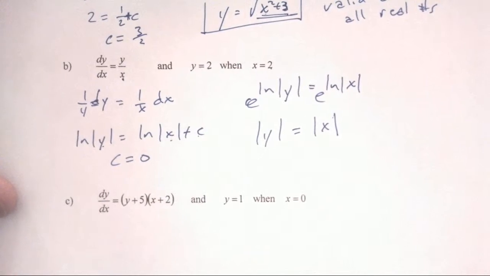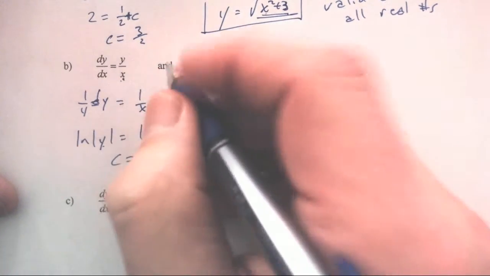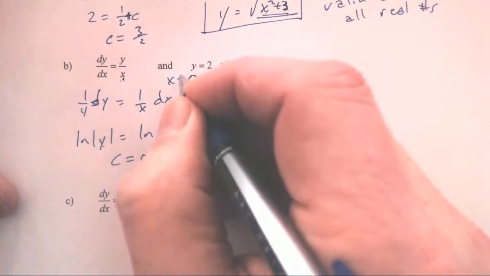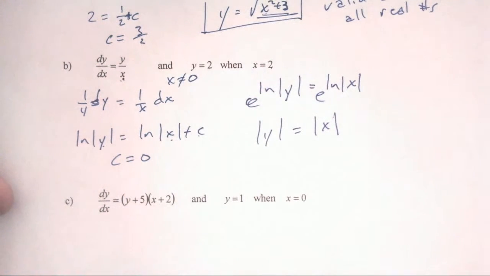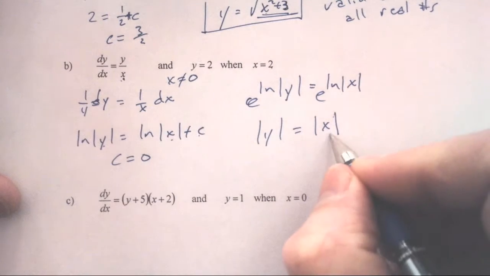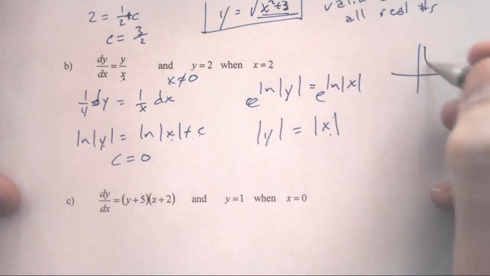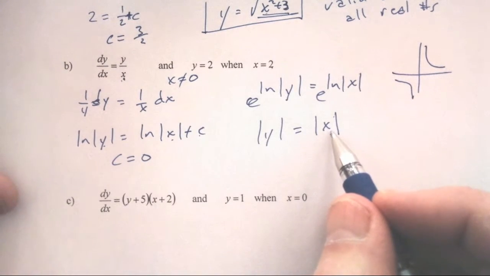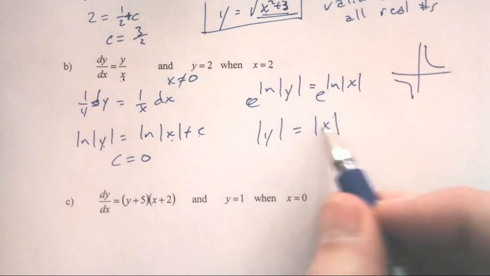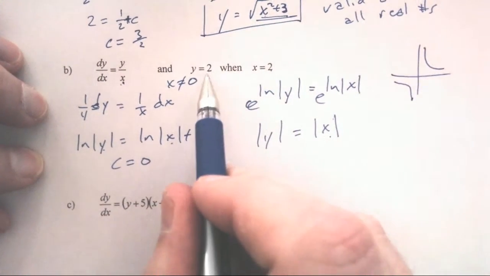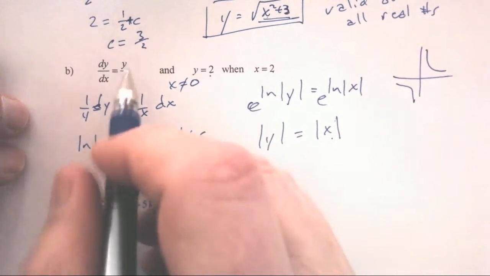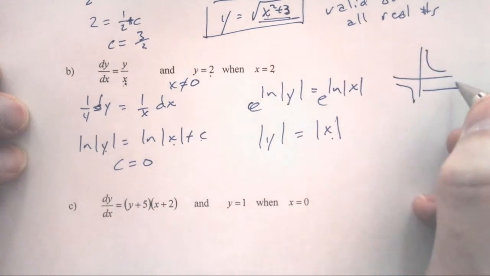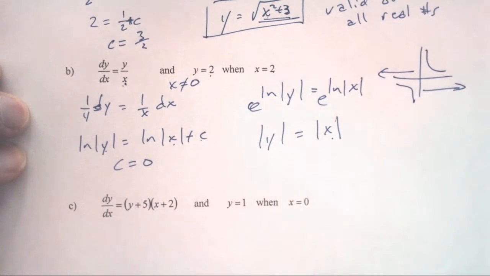And now let's consider what's going on, because x cannot be 0. Therefore, if x can't be 0, in fact, we're looking at this curve right here, if we were to graph that. If x can't be 0, well, x could be negative, which makes this absolute value a player. But due to the discontinuity, we can only talk about the portion to the right or the portion to the left.